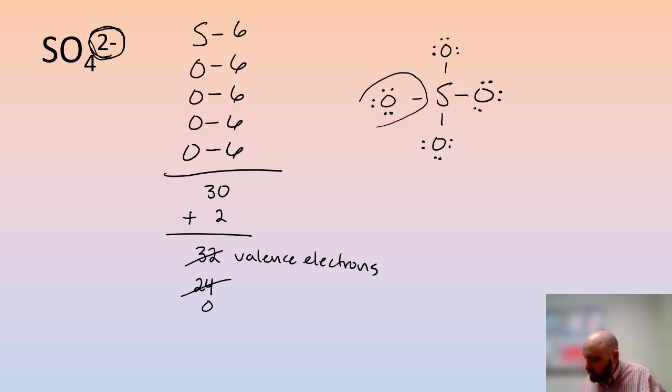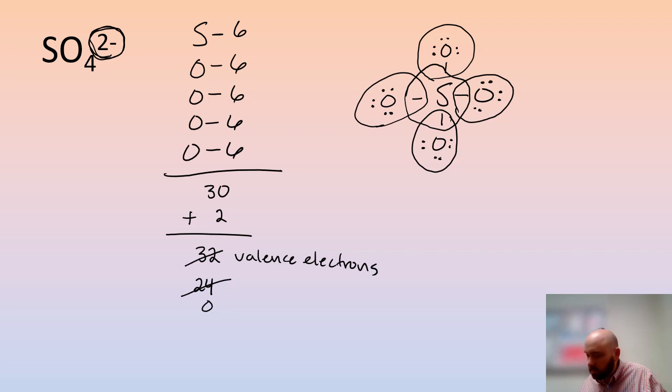This oxygen has 8. This oxygen has 8. This oxygen has 8. This oxygen has 8, and our sulfur has 8 as well. Everybody has a satisfied octet. There are 32 electrons used as indicated by the formula and the charge with the formula, so this would be a good Lewis structure.